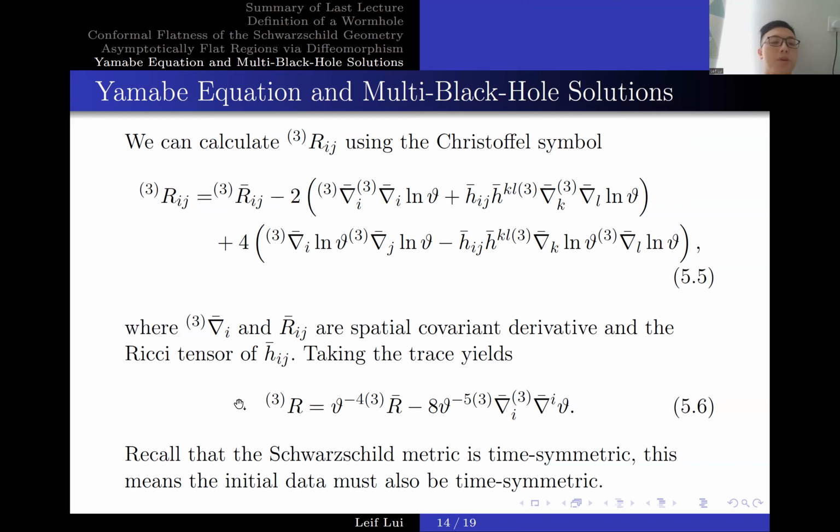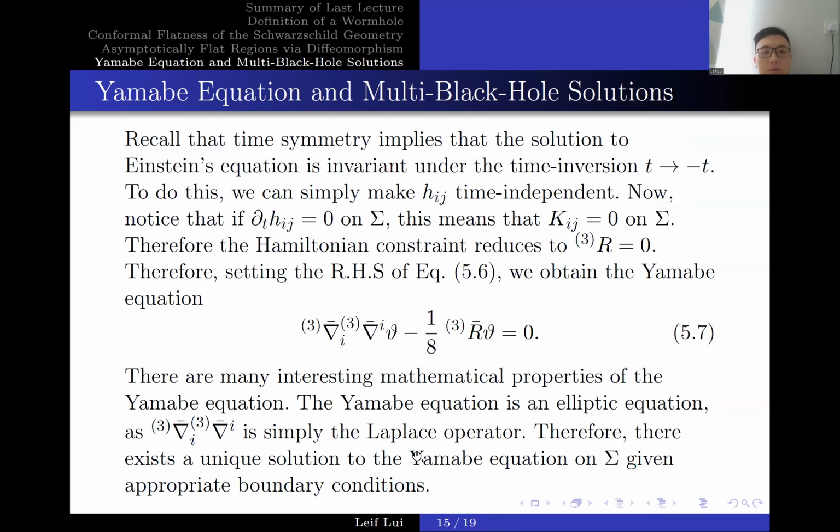But recall, the Schwarzschild metric is time symmetric. This means that the initial data must also be time symmetric. So what does it mean for something to be time symmetric? Time symmetry implies that the solution to the Einstein equation is invariant under time inversion. So if we set t to minus t, it should be the same.